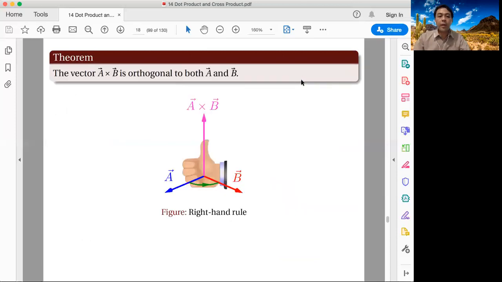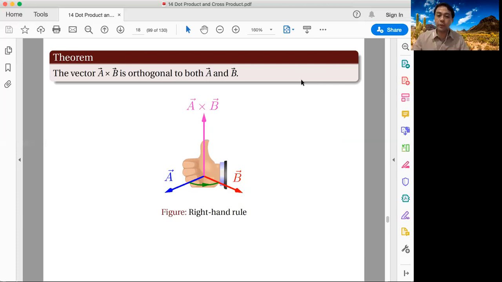Now it helps to remember the property that the cross product is always orthogonal or perpendicular to both A and B. So that's very nice. The cross product of A and B is orthogonal to both A and B. And for this, we apply the right-hand rule.